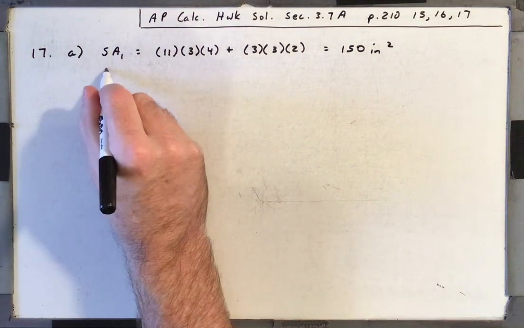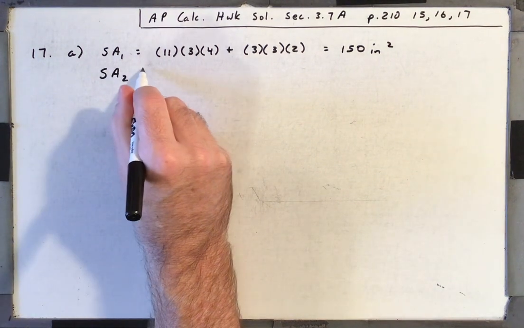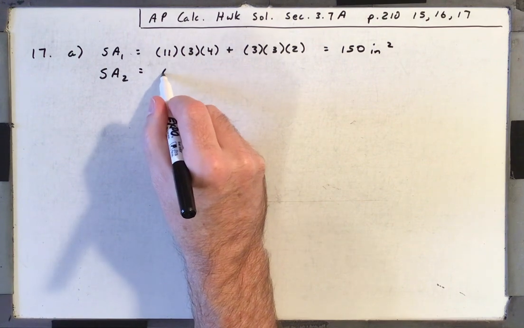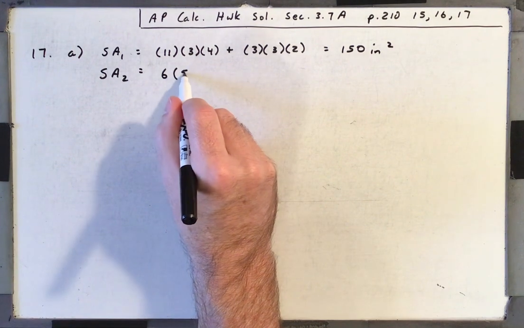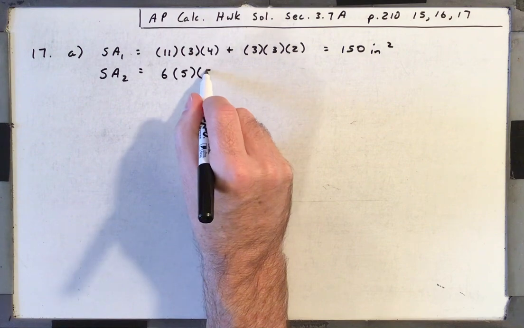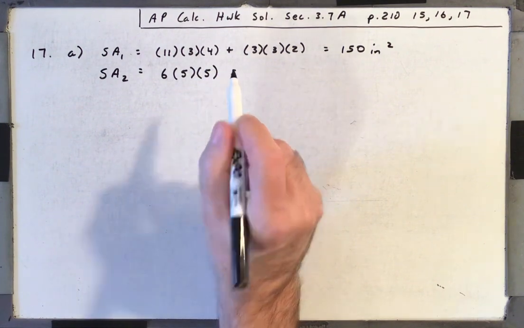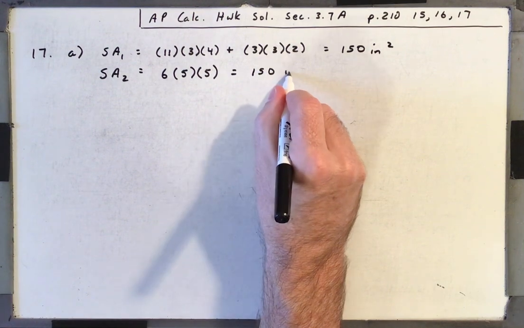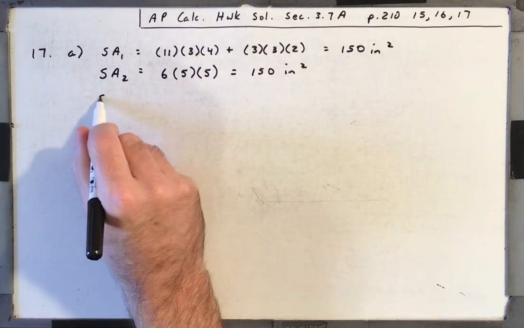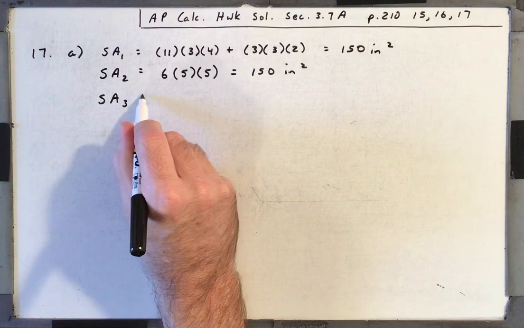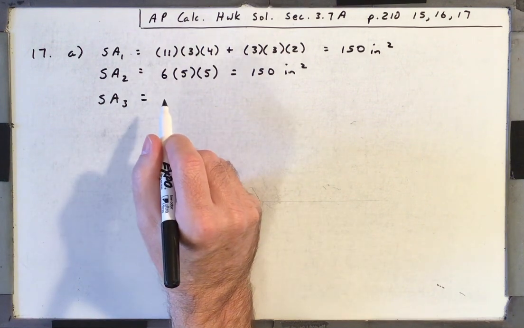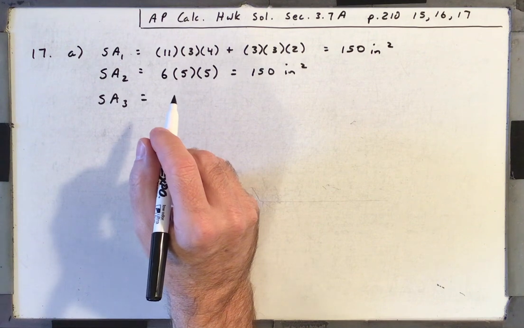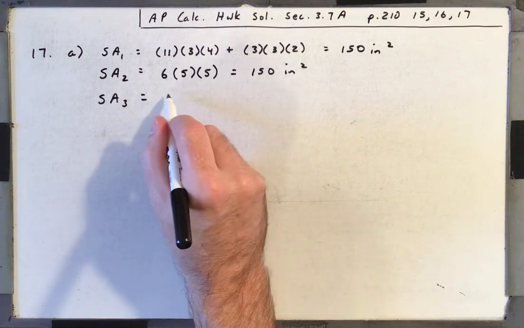And then the surface area for the second one, all of the sides are the same since it's a cube. So it's 6 sides times the area of each face is 5 times 5. So 25 times 6 is 150. And the surface area of solid 3 is, there are 4 sides that are 6 times 3.25.